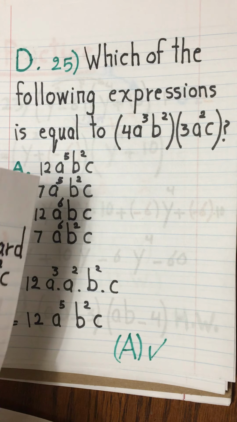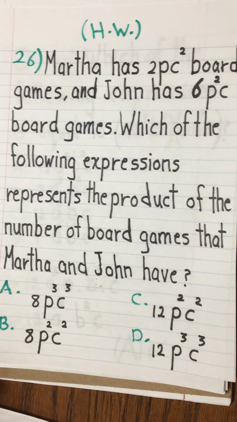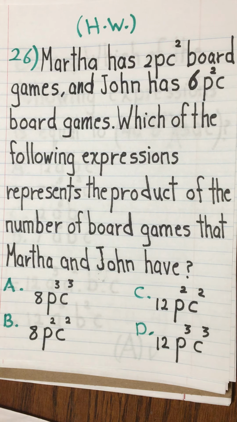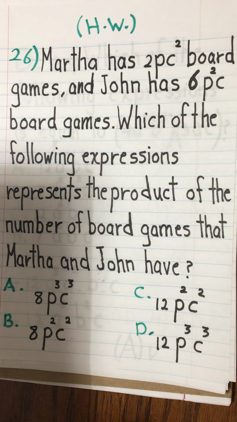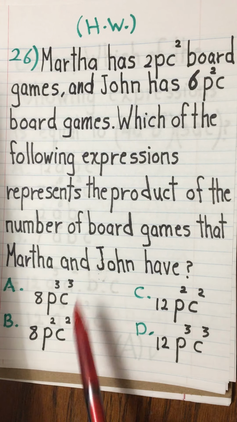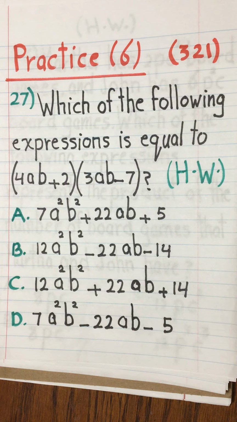26, guys, is your homework. This is 26. You can read it and find out the answer. And 27, so I think it's clear, guys. This is 27. It's your homework too.